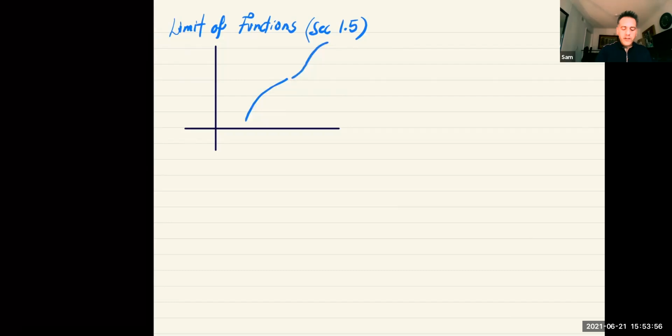So this function has what we call a discontinuity. We're going to be studying discontinuities later on, but this function basically has a hole. So if it has a hole, then it is undefined at this point. Let's say this point is A.